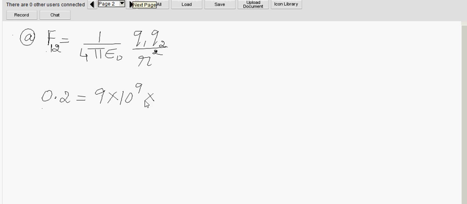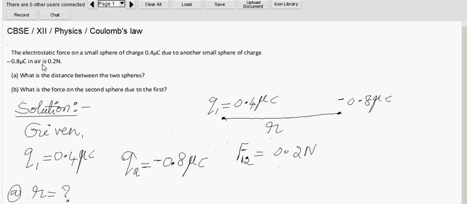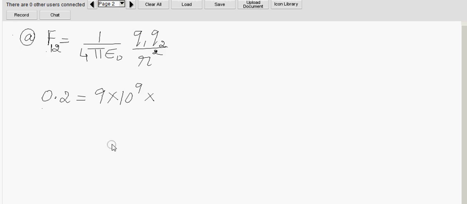What are the two charges? 0.4 micro and 0.8 micro. You know micro is 10 to the power minus 6. Multiplied by 0.8 micro; we can neglect the minus sign because we are calculating only the magnitude of the force. The minus and plus sign can be used to find out the nature of the charge.